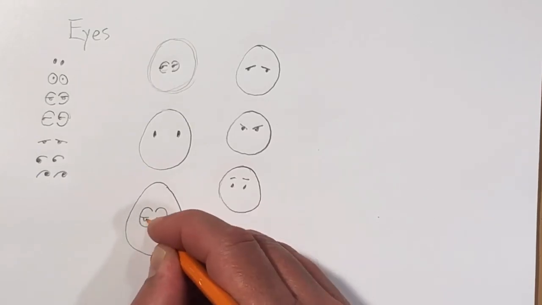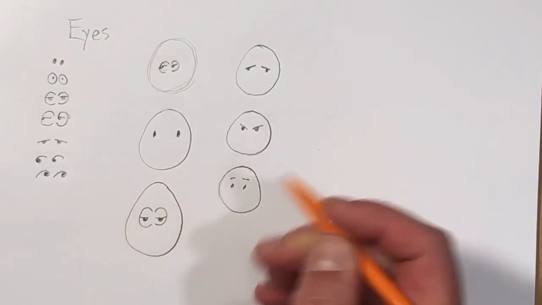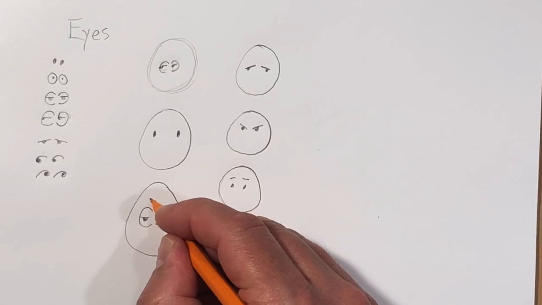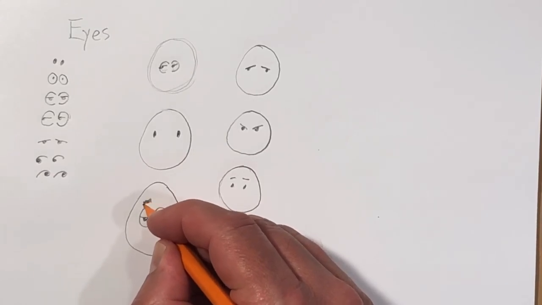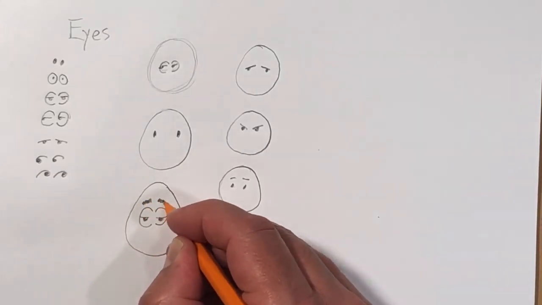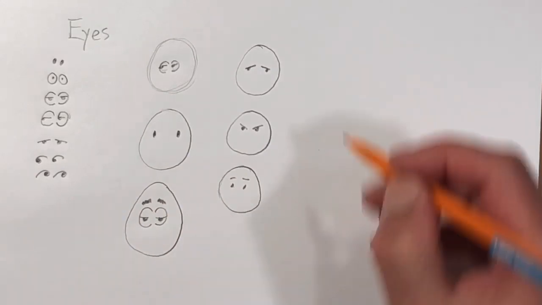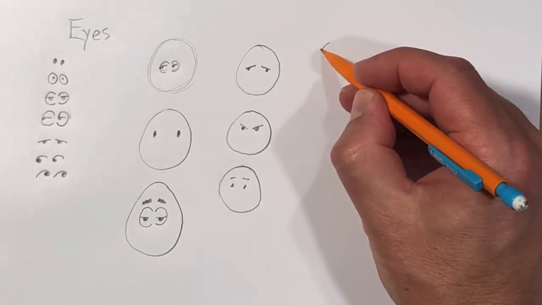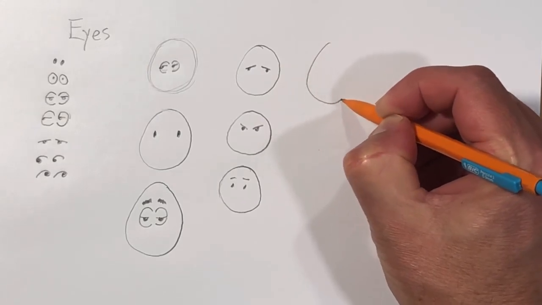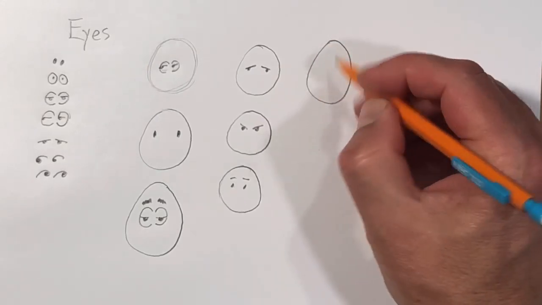Go kind of halfway on the eyelids. You can make them kind of bushy. Make a squiggly line sideways. I'll try to do the same exact thing over here. I've got some room. More of an egg shape.